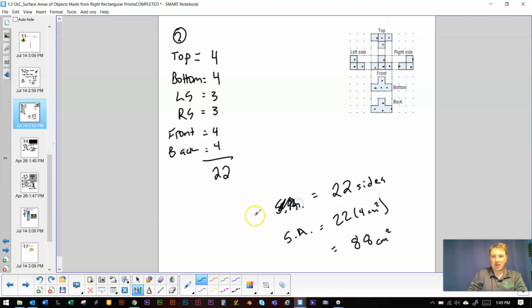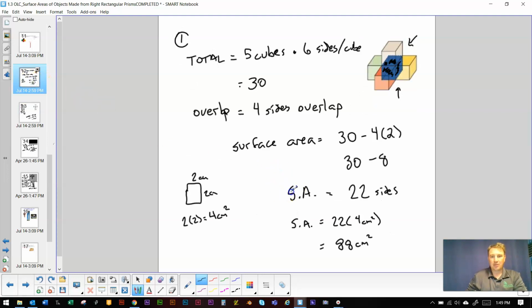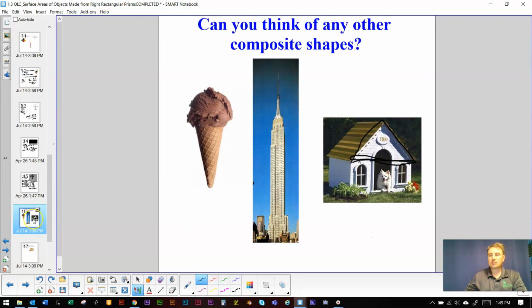Okay, so maybe I'll take that out and I'll call that sides instead. And I'll do the same on the other one. So this isn't really surface area, this is sides. There's 22 sides. Okay, so let's move on to the 1.3 materials.